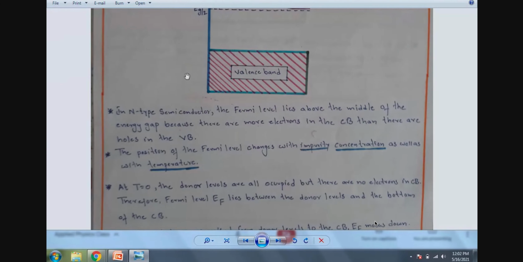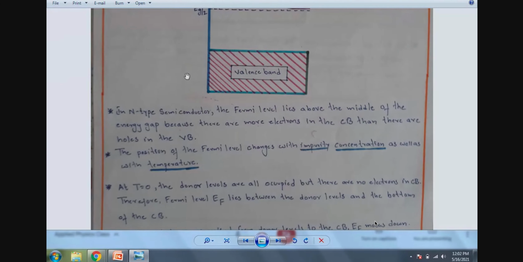Let Ed be the energy of the donor level, and Nd denotes the number of donor atoms per unit volume, that is, how many donor atoms are present in a given volume.